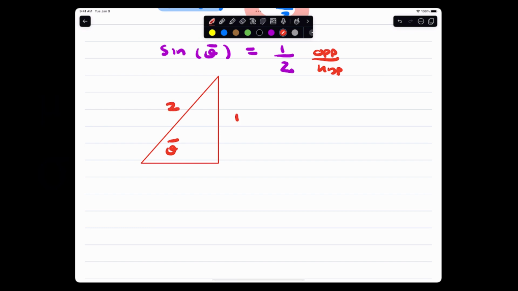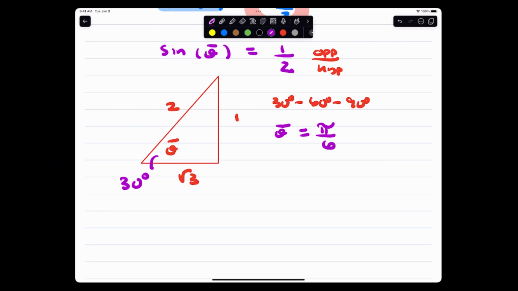The hypotenuse is 2. What's the adjacent side? Good. What special triangle is this? The 30, 60, 90-degree special triangle. So the reference angle must be 30 degrees, so it's pi over 6.